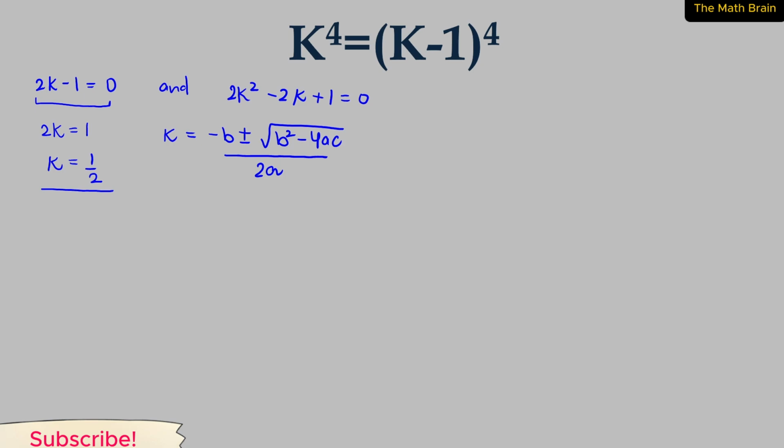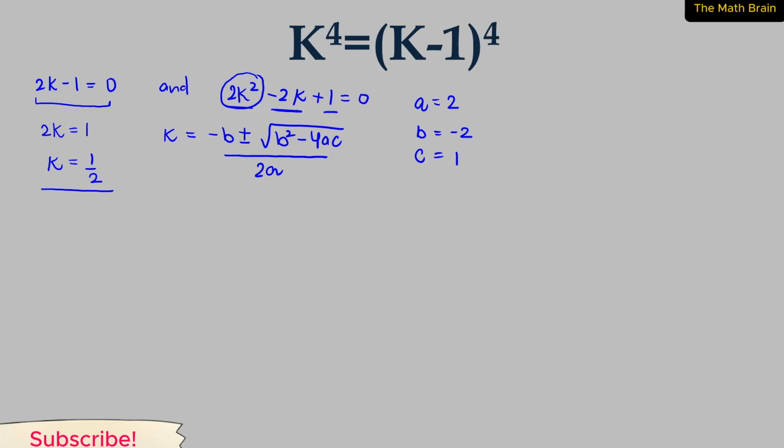Now value of a is equal to 2. This is b is equal to minus 2 and c is equal to 1. We have taken the value of a is equal to 2 because this has the highest power, then the middle one is b, and c for the constant.